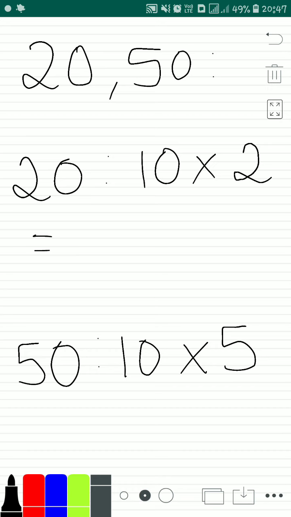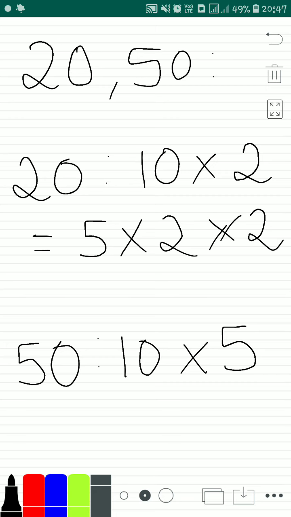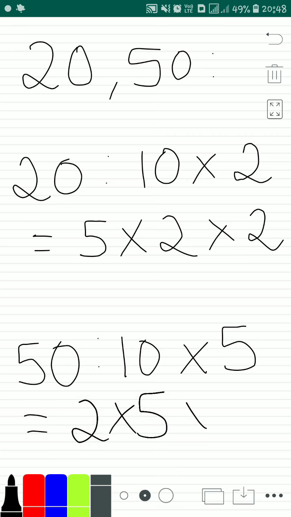We can expand 10, that is 5 into 2 into 2. As 2 is a prime number, it will remain there itself. Again 5, you can write 2 into 5 into 5.